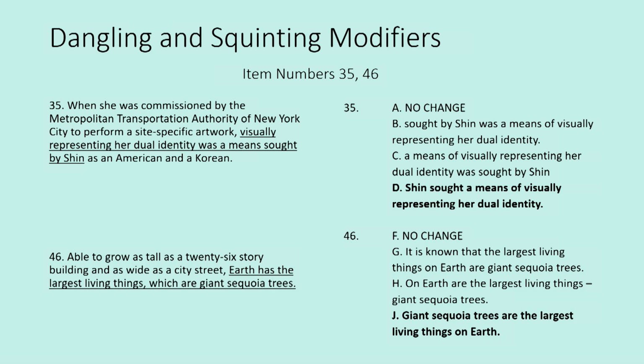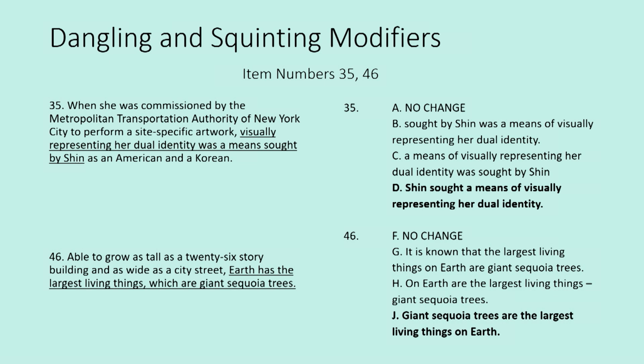So question number 35 on your ACT English test does include an item that includes a dangling or squinting modifier. Let's look at it. When she was commissioned by the Metropolitan Transportation Authority of New York City to perform a specific artwork, whew, that was a mouthful, wasn't it? Visually representing her dual identity was a means sought by Shin as an American and a Korean.